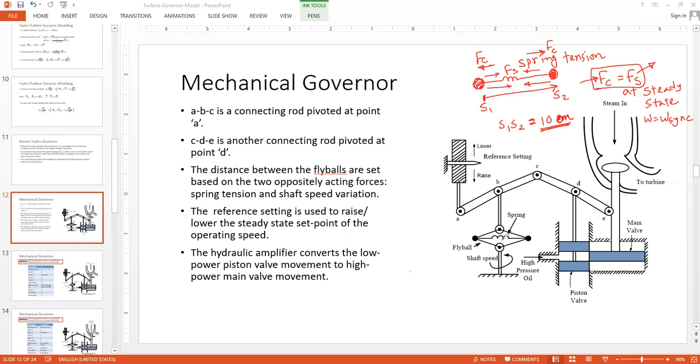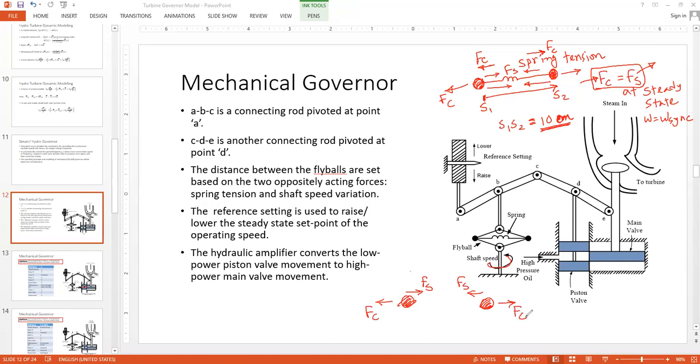Again, let me explain again. Fc is working in the outward direction, okay? It will try to pull the ball away. Remember, this is Fc. So let me draw here separately. This is Fc. Fs is this, due to the spring. Fc is due to this speed.